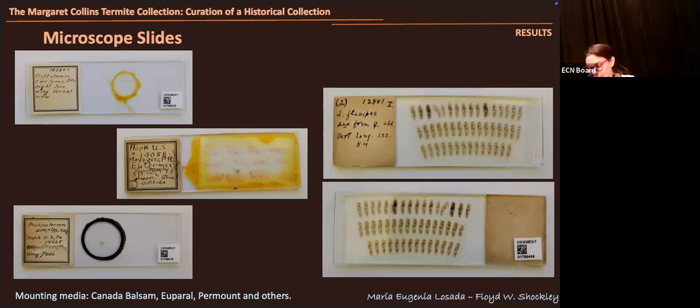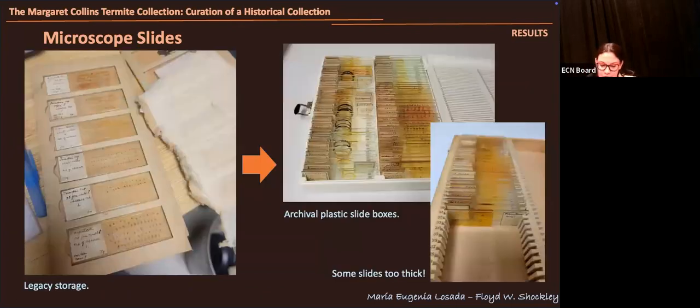Otherwise it won't stick and it will fall off. So after cleaning them all, changing techniques or finding better techniques for cleaning each mounting media type, I was able to place the QR code, and then they were moved from the legacy storage to the archival plastic slide boxes.